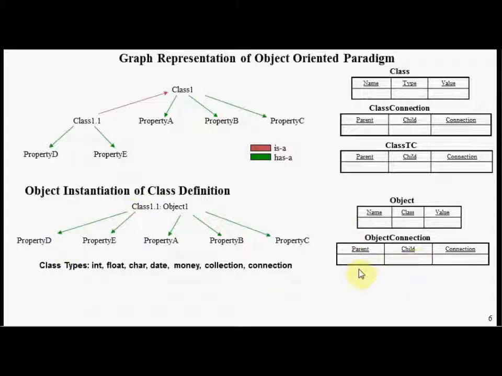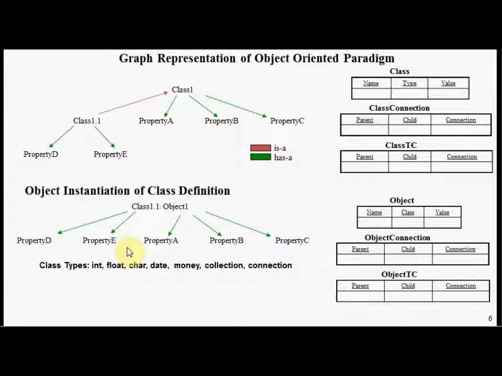So it's a parent-child pair, again with connection type. And we have a transitive closure table associated with our object graph. And assume here also that this transitive closure table is maintained automatically whenever nodes or connections are added or deleted in our object graph here. So this whole paradigm I'm describing here with these 6 relational database tables is something known as a soft schema.